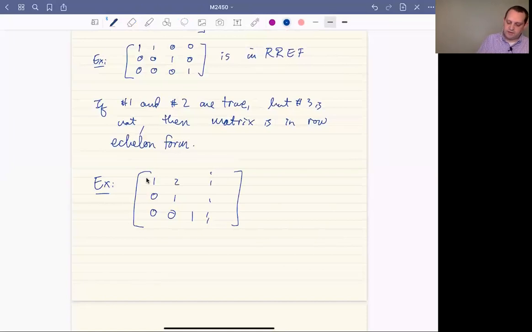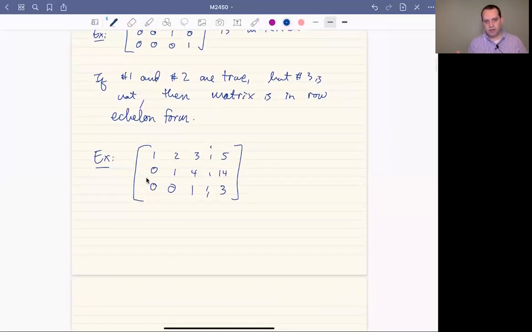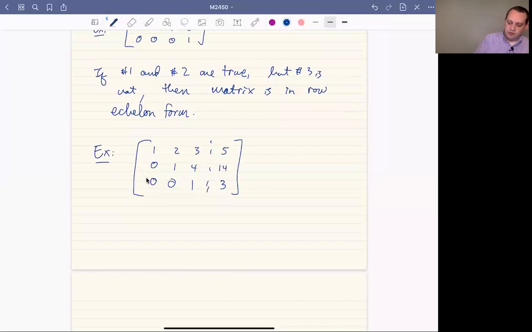Let's say we have 1, 2, 3, 0, 1, 4, 0, 0, 1, and then our system is going to be 5, 14, 3. This is good enough to solve the system. You don't actually need to go through and do the other steps for putting this in reduced row echelon form, because all you really wanted to do with these augmented matrices is solve the system.